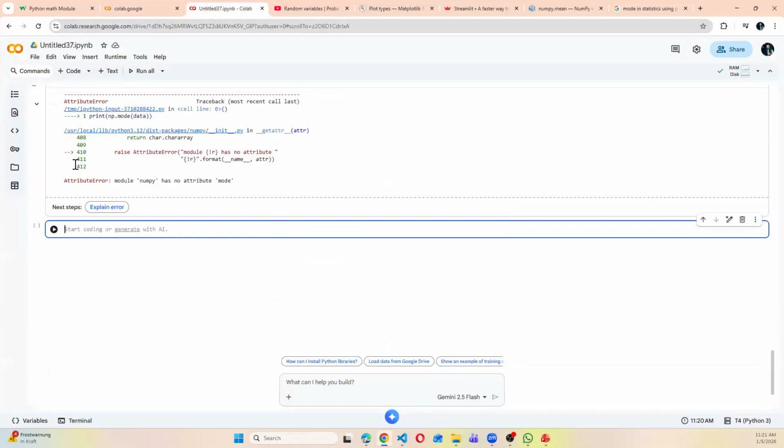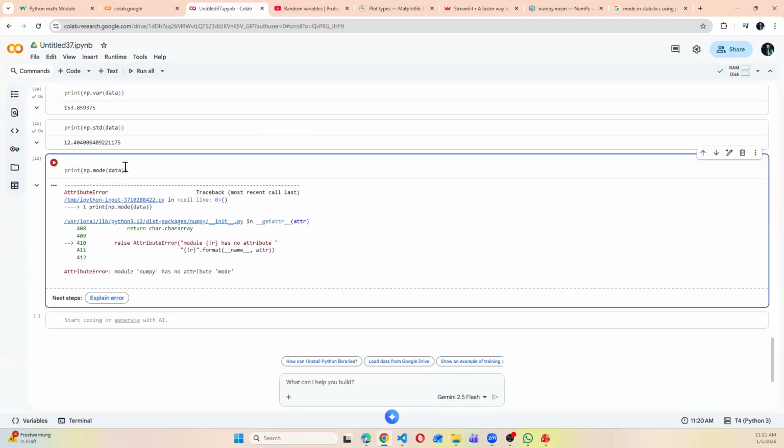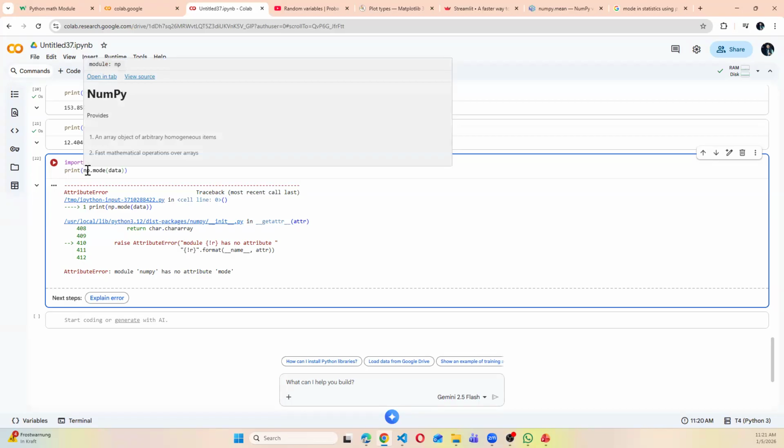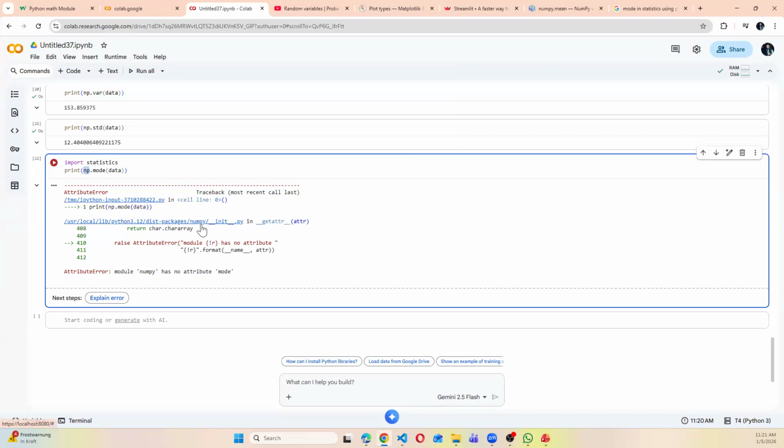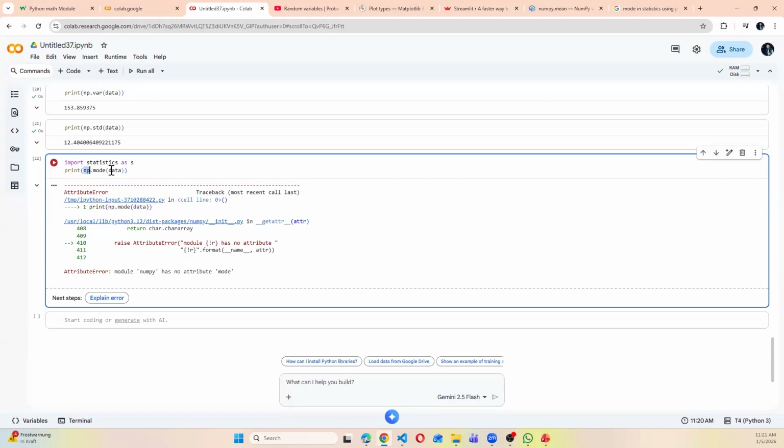Now I have to import this one, which I don't have to do in NumPy. So I will say import statistics. Now instead of this one, I will write statistics dot mode. Or if you say as, for example, s, then you don't need to write the full name, you just write s. But if you just directly import without anything, you have to write the whole name, statistics dot mode.